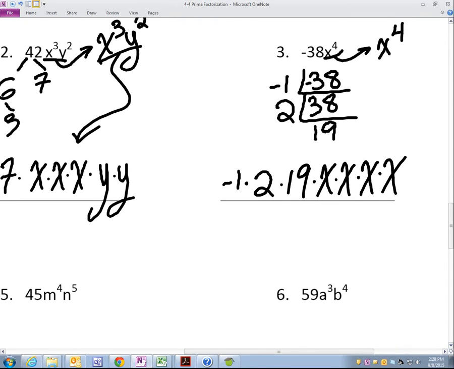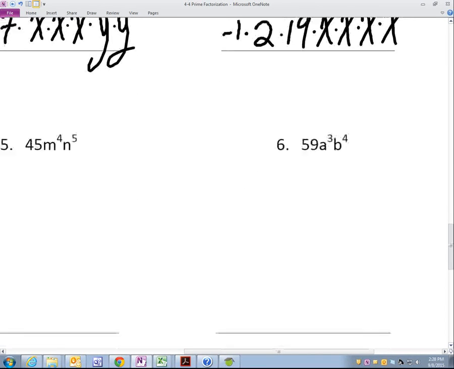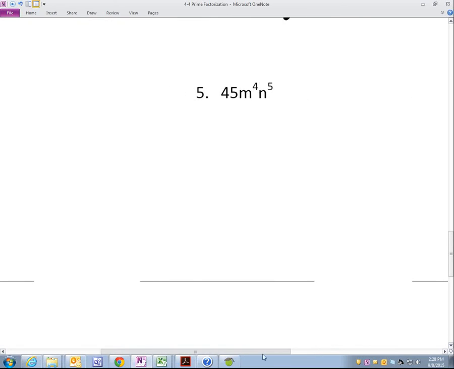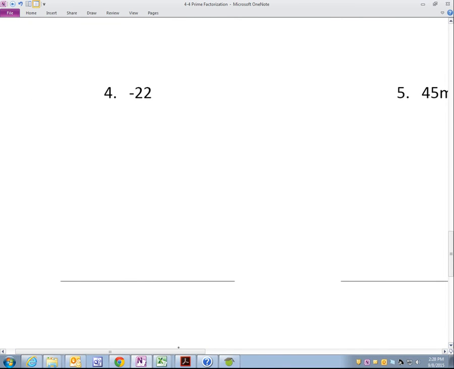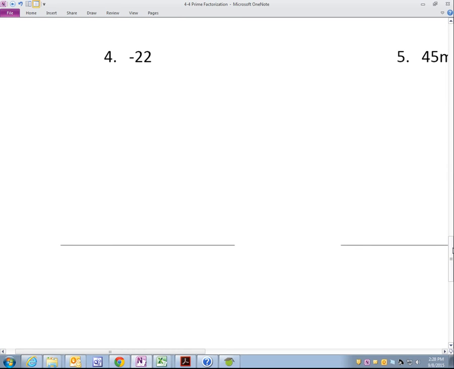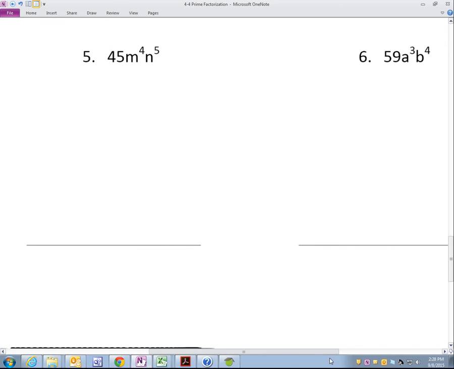And here's what you guys get to do. You are going to try these 3 on your own. I'm going to give you a couple of seconds to get started, and then I'm going to do them on the board so you can see if you've gone the right way. Let's do tree here and boxes over here.